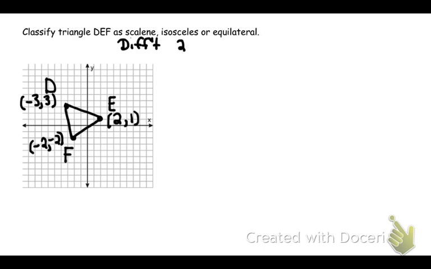Isosceles will have 2 sides that are the same, and equilateral will have 3 sides that will be the same. We're going to have to apply our distance formula to find the distance between D and E, then E and F, and then F and D to determine if we have all different sides or some sides that are the same.